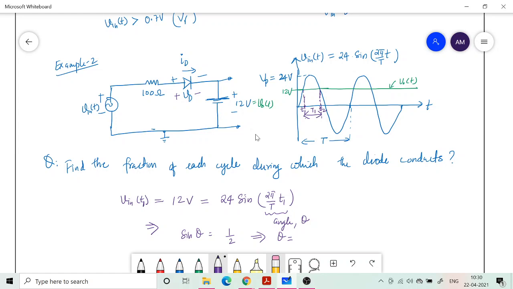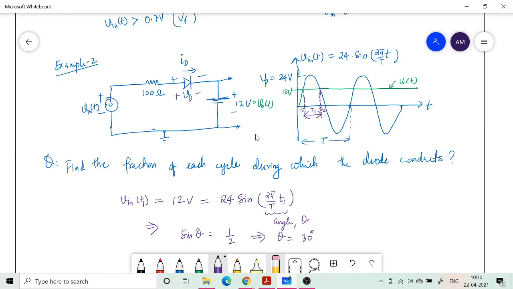Sine of what is half? 30 degree. So at 30 degree you will have this transition from diode becoming reverse bias to forward bias.